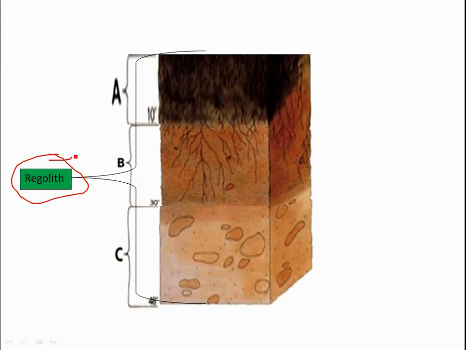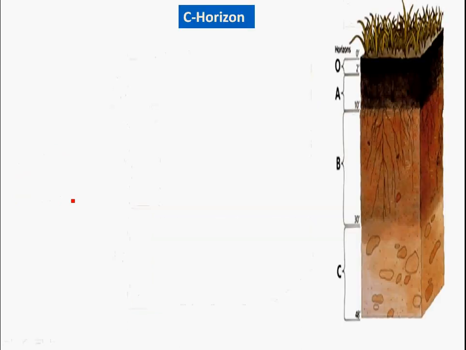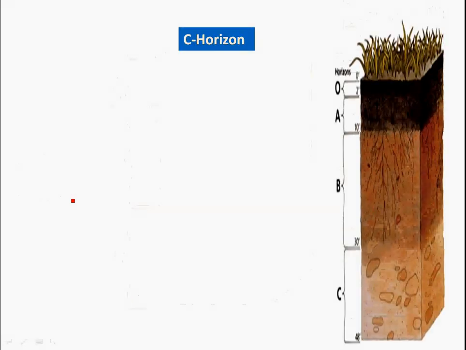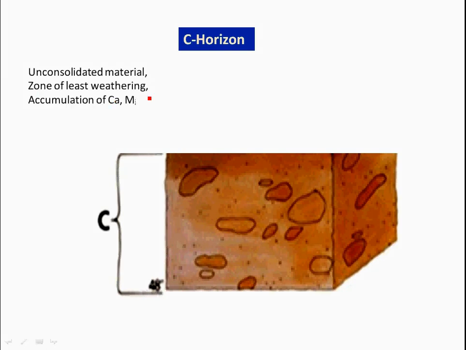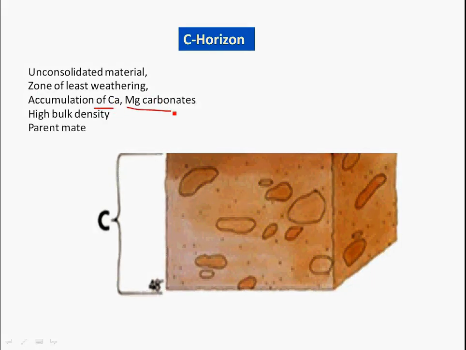If we combine the C horizon, these three horizons together are called regolith. Regolith is the unconsolidated material lying above the bedrock. The C horizon is unconsolidated material and the zone of least weathering, with a high accumulation of calcium and magnesium carbonate, and here you will find the basic properties of the parent material.